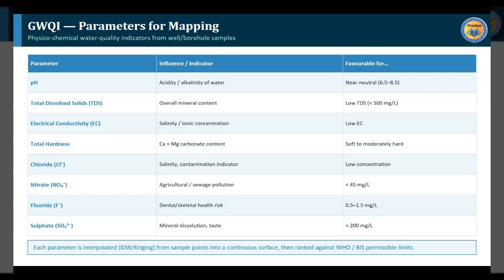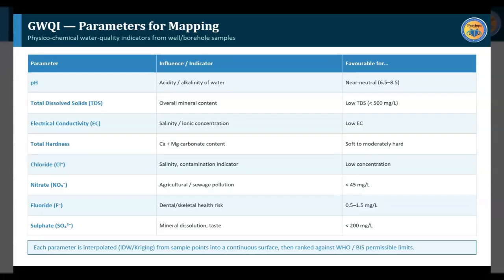So it is not just the quality of the rainfall or the rainwater, it is also about measuring the different chemical parameters present within the groundwater which was recharged from the rainfall. So what we do, we collect water samples from wells across your study area, and we get them analyzed, and then we interpolate each parameter into a continuous surface.